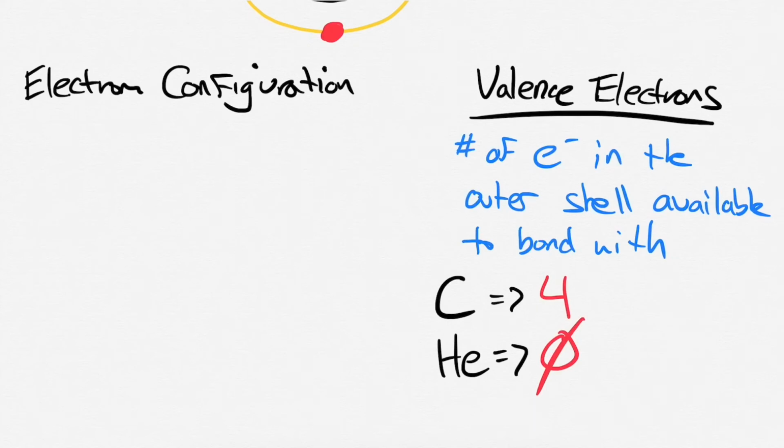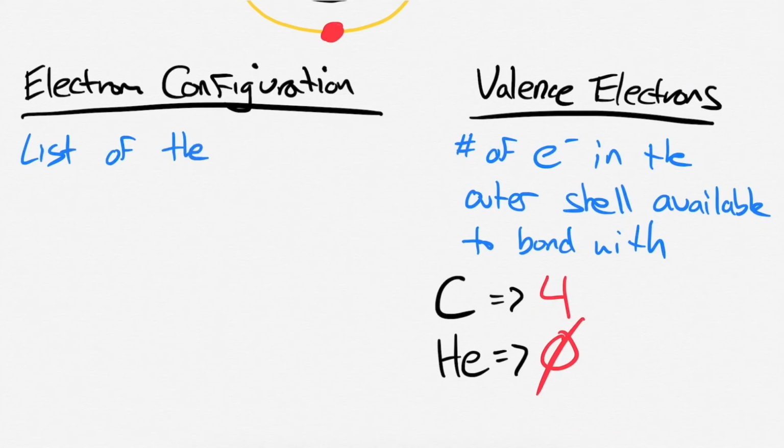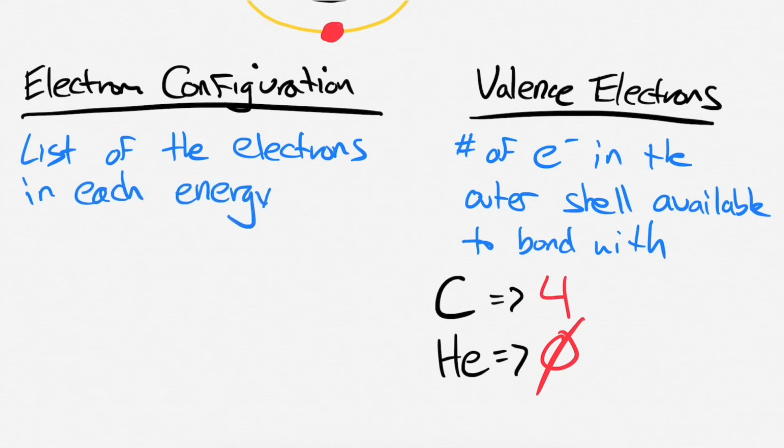Now let's talk about electron configuration. Electron configuration is basically just a list of the electrons in each energy level. So the way that you write it is the first number is the number of electrons in the first energy shell.